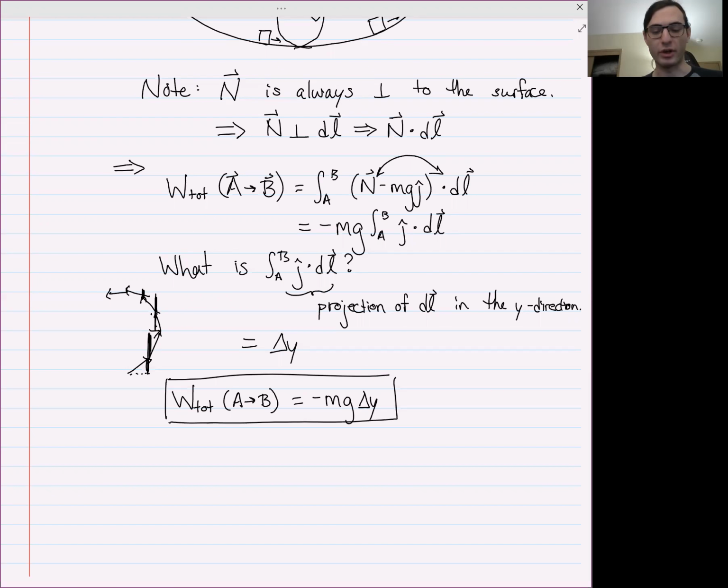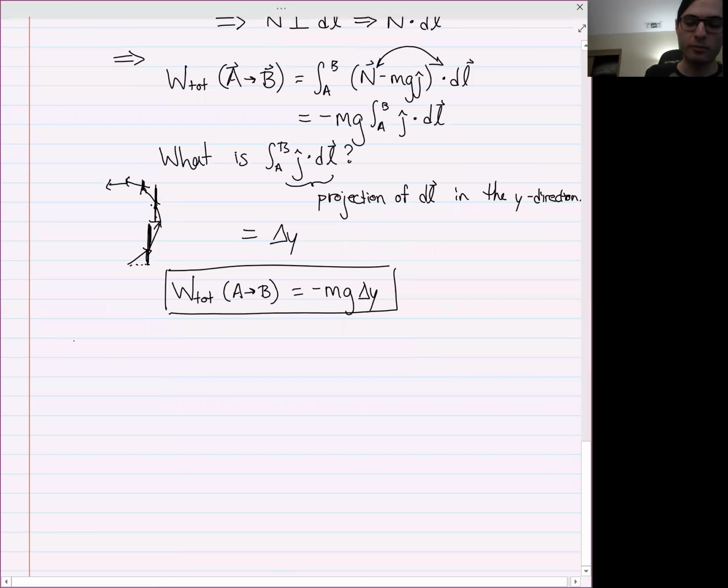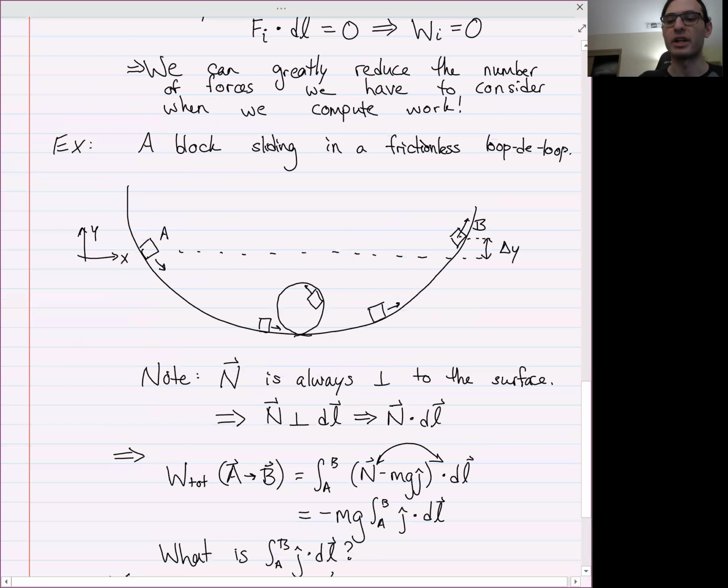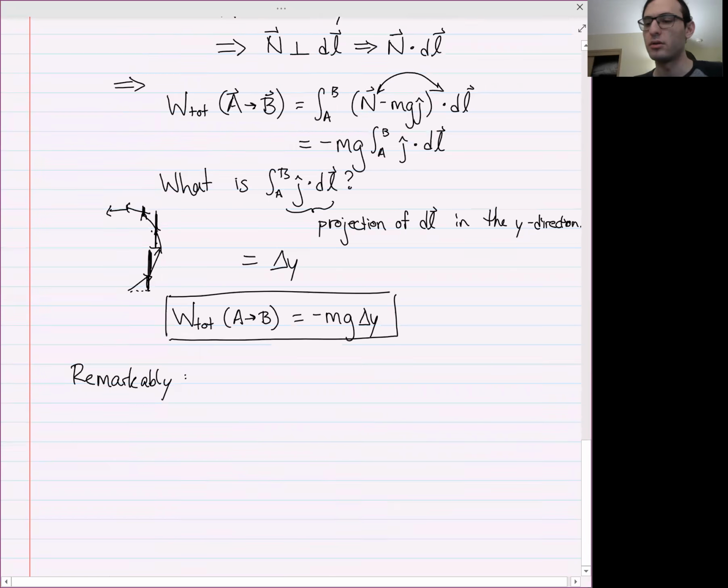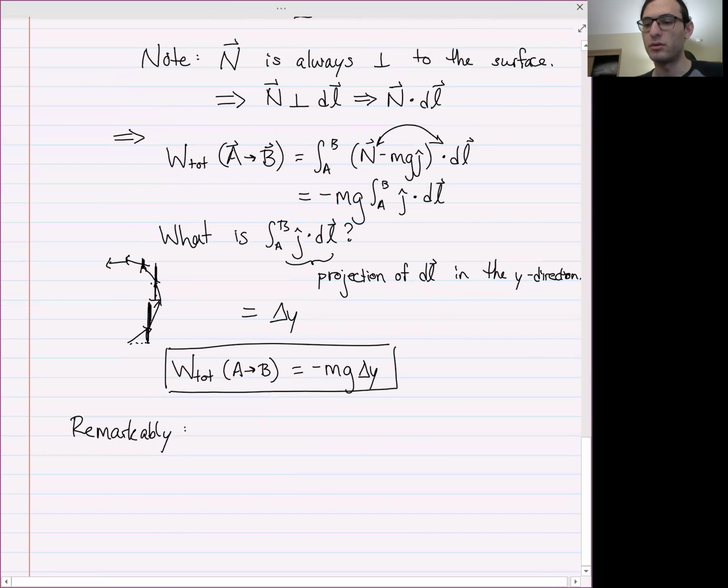The important point though, and this is remarkable, yes, I mean, that's just how we defined it, right? It's the distance between the initial and final height. No, that's not the point I'm getting at. Actually, Maximus, we're going to get to more detail on when this is an appropriate thing to do in a minute.